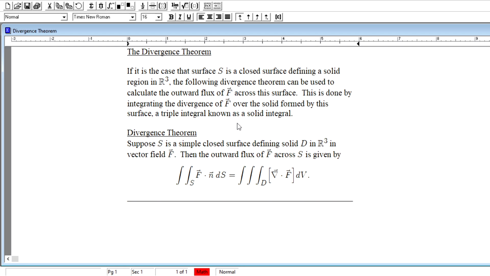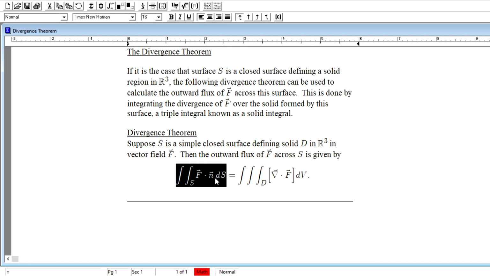Now here's what the divergence theorem does state. It does assume that S is a simple closed surface defining some solid region D in three-dimensional space, all of this within some vector field F bar. Then the outward flux of F bar across S is given by what we're familiar with as that calculation for the surface integration for outward flux across a surface.